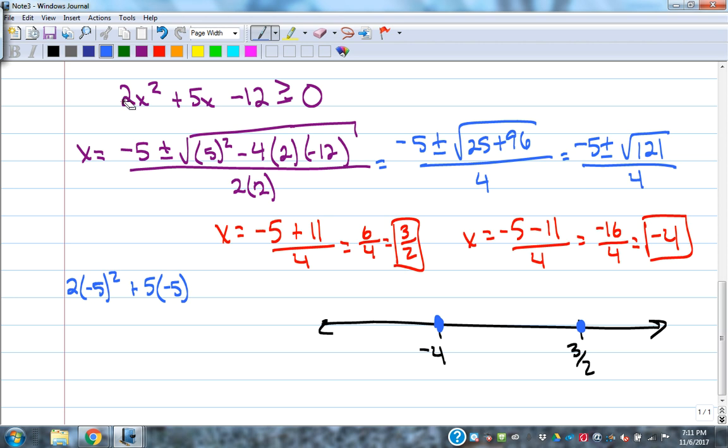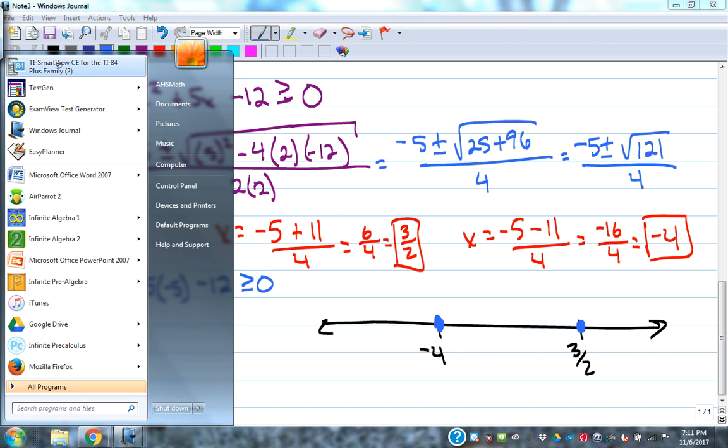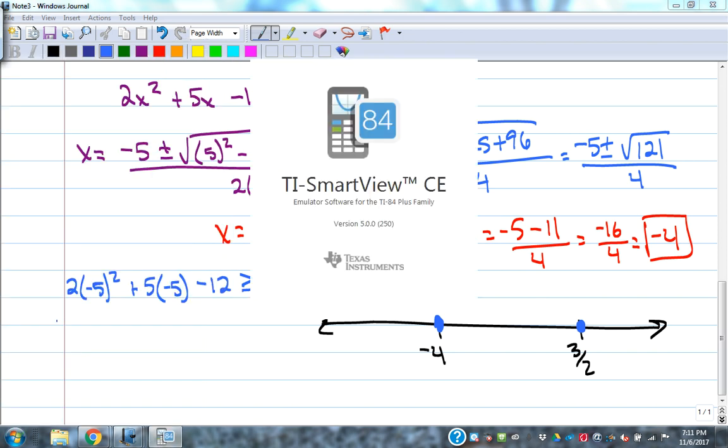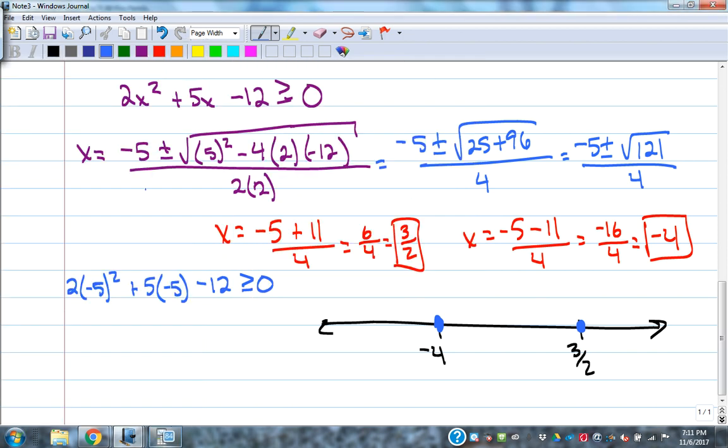That's easier than checking 12. So 5 squared is 25 times 2 is 50. Minus 25 is 25. 25 minus 12 is 13. Is 13 greater than 0? Yeah, so this area is true.